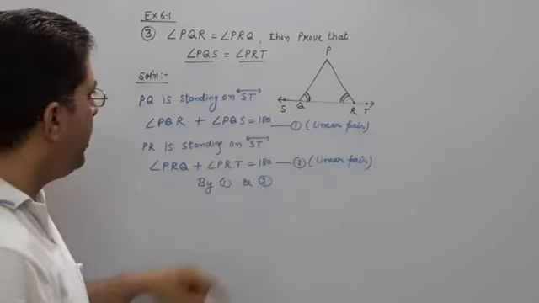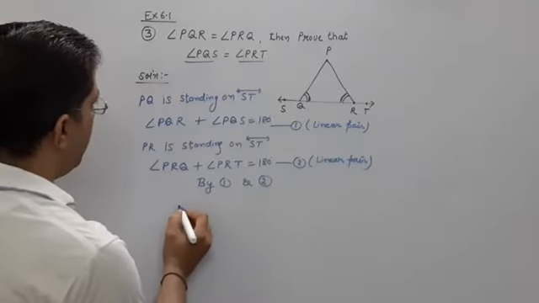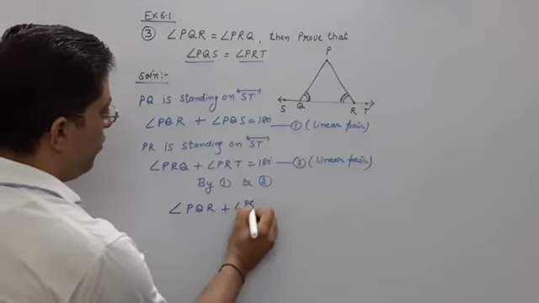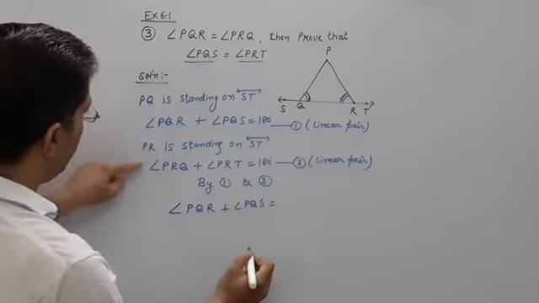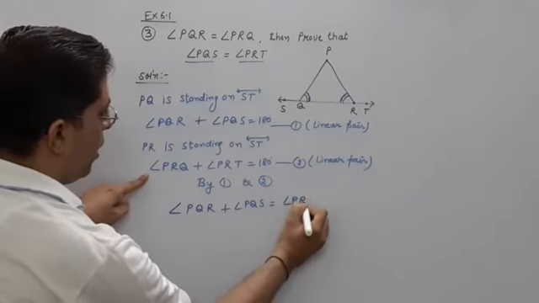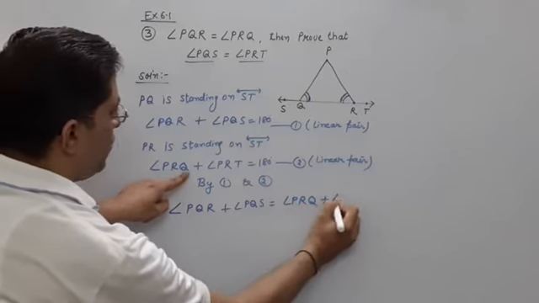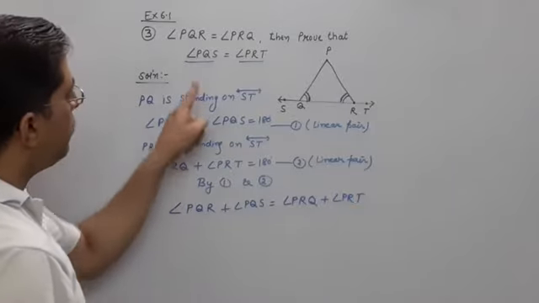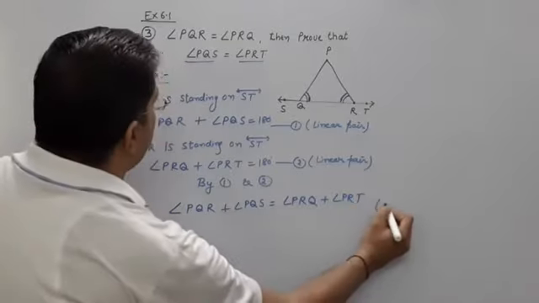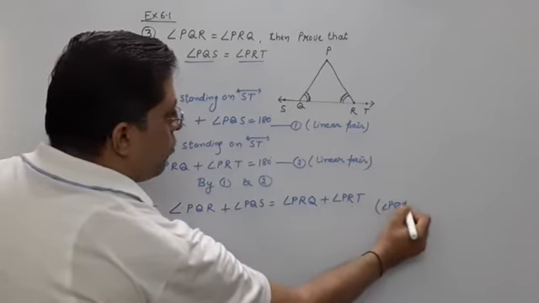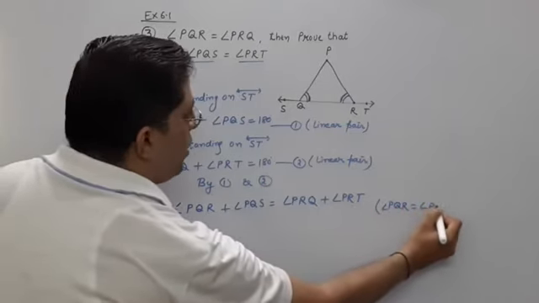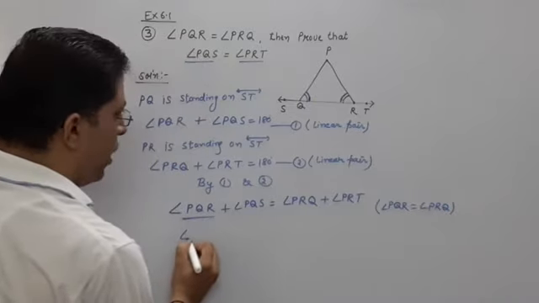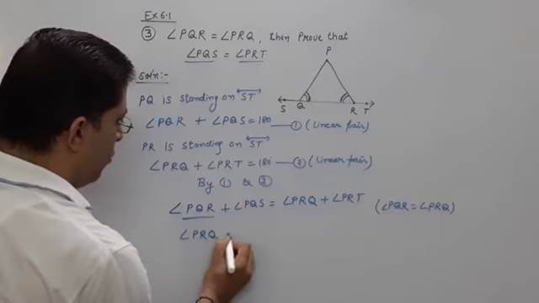See, both are 180, so I am writing here angle PQR plus angle PQS is equal to angle PRQ plus angle PRT. Okay, but what is given in the question? The question gives you PQR is equal to PRQ. Okay, in place of PQR I have to write PRQ.